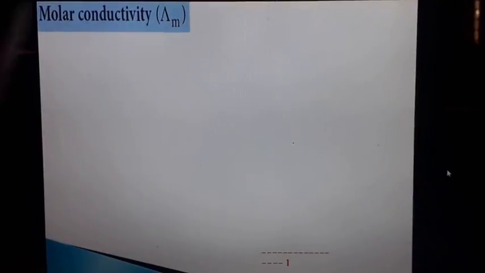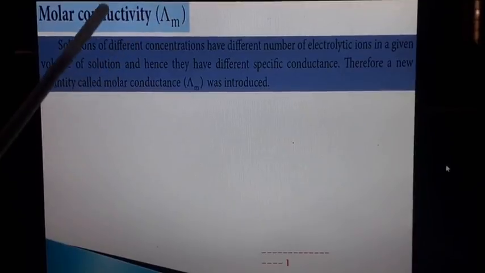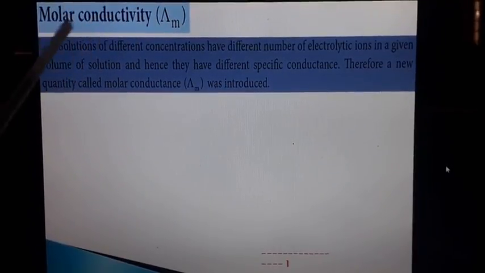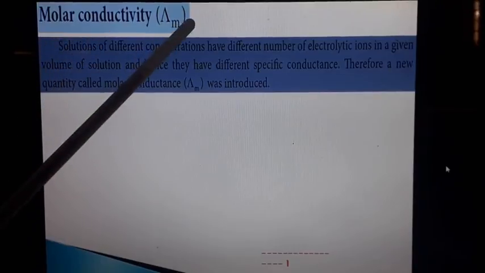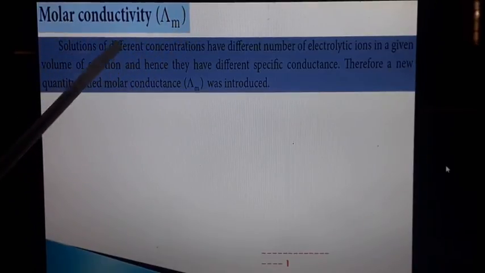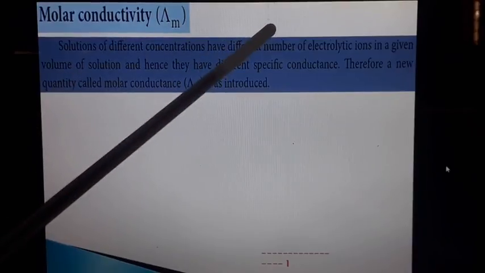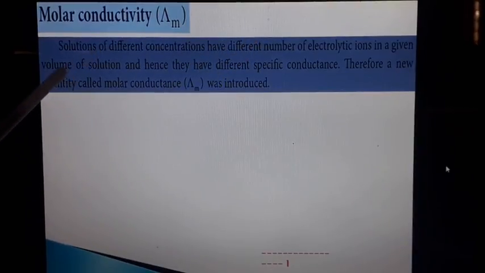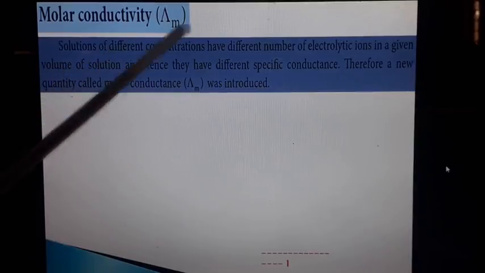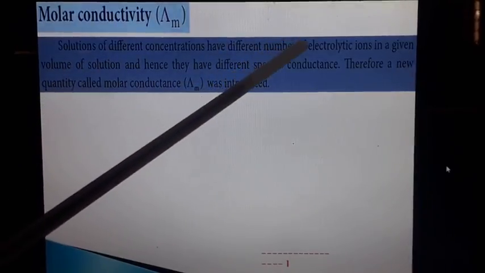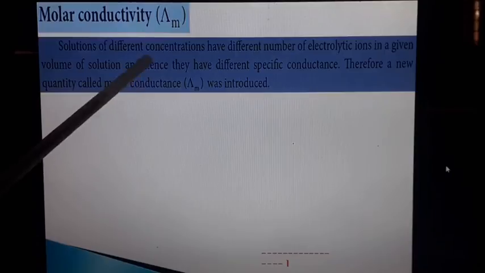Next, molar conductivity, lambda m. Lambda m is the letter for molar conductivity. Solutions of different concentration have a different number of electrolytic ions in a given volume of solution.